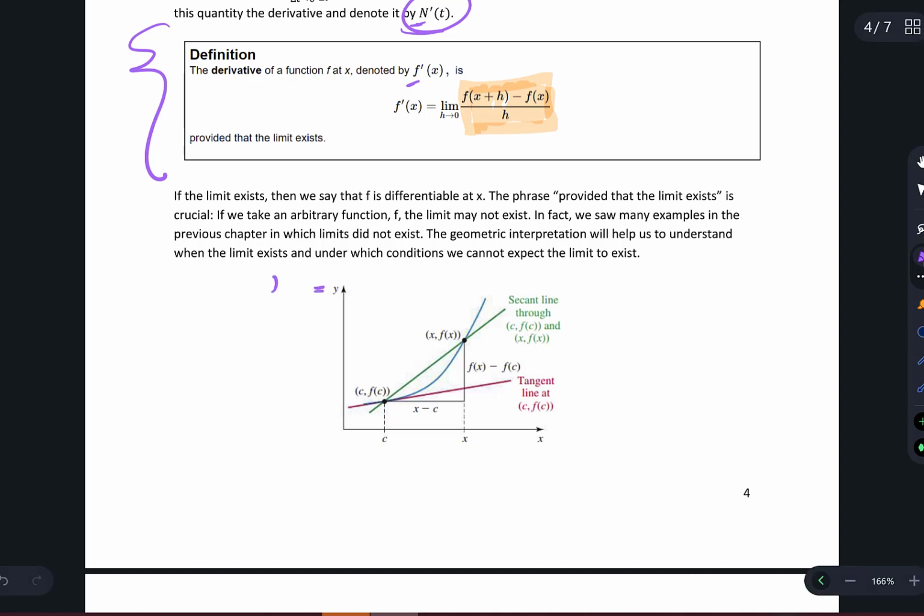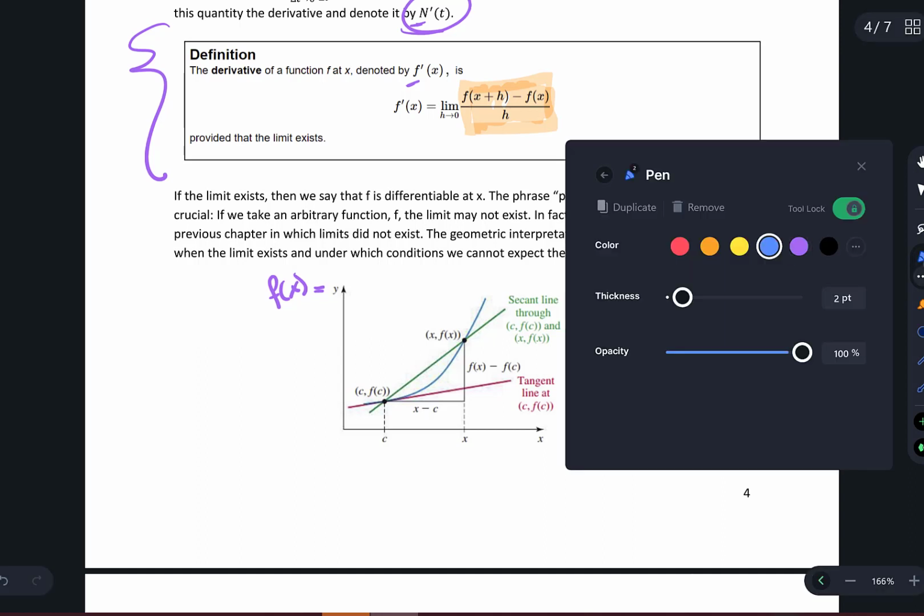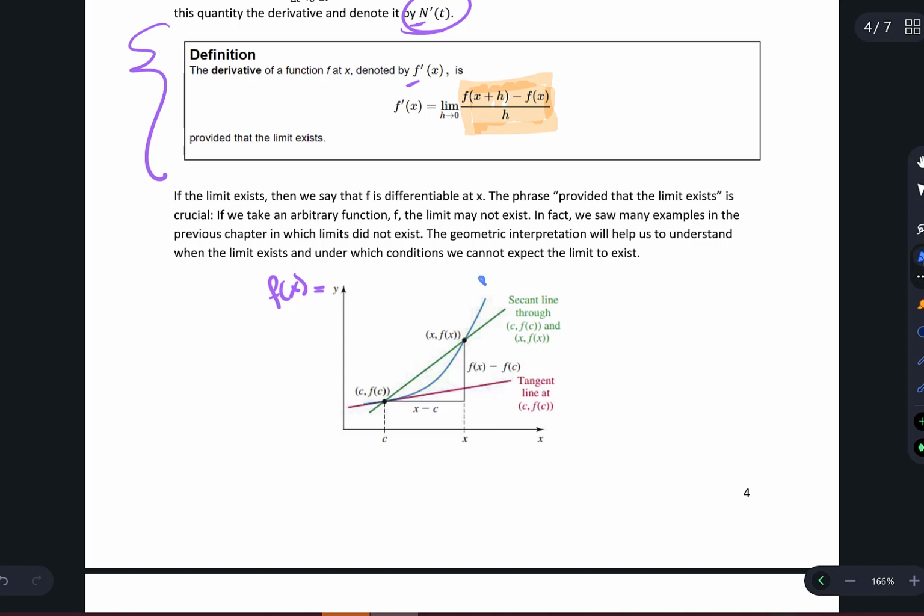But remember that f of x is equal to y. We could write it as y or f of x. And so the blue line is the actual curve. It's the coordinate points of x and f of x. The blue line represents the function.